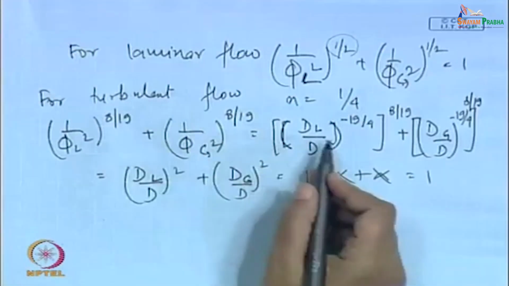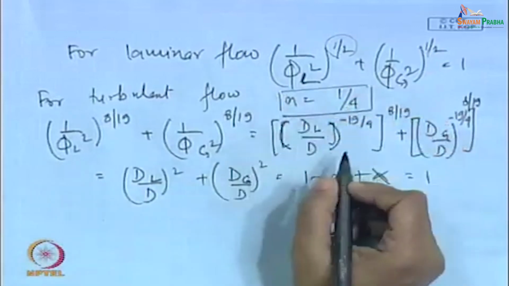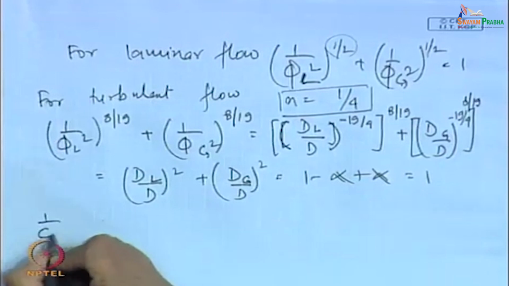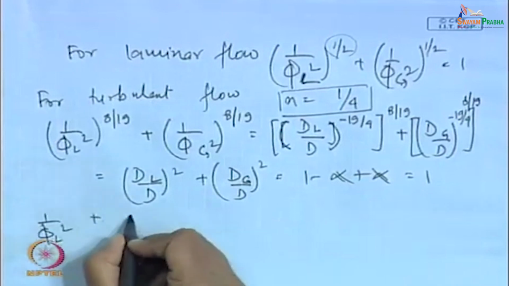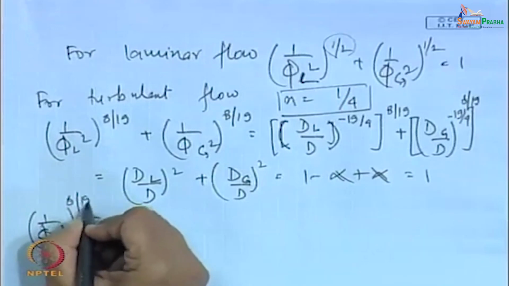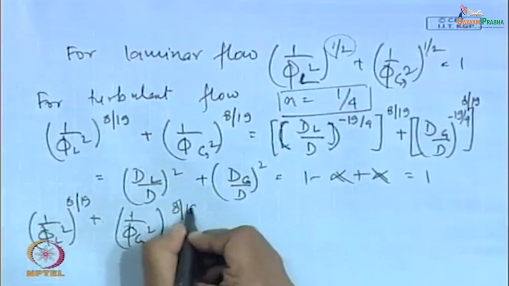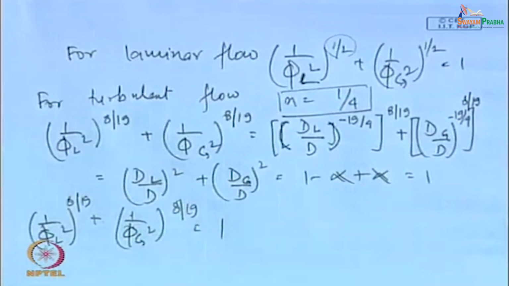So, therefore, for turbulent flow, assuming n equals 1/4, under this condition we find the relationship is going to be (1 by phi L square) whole to the power 8 by 19 plus (1 by phi g square) whole to the power 8 by 19 is equal to 1.